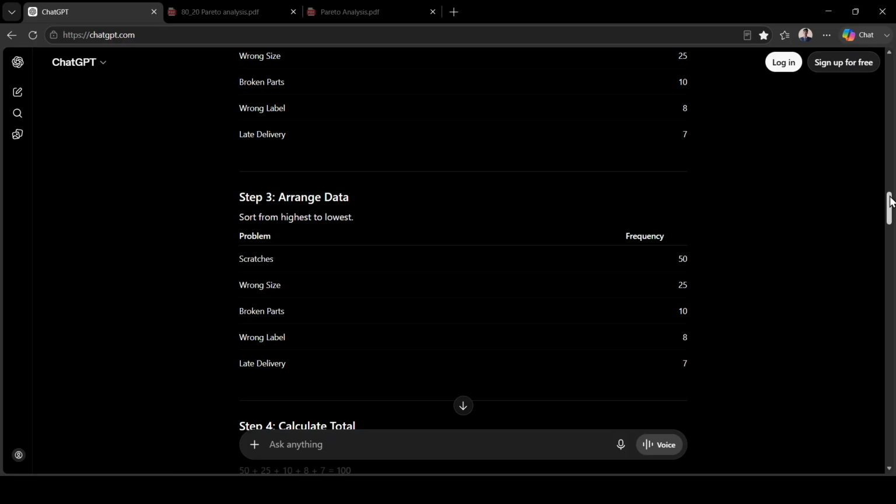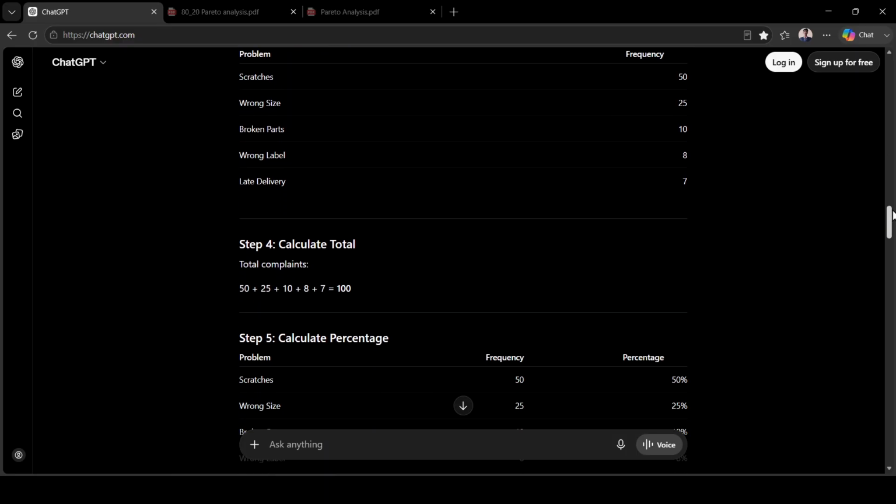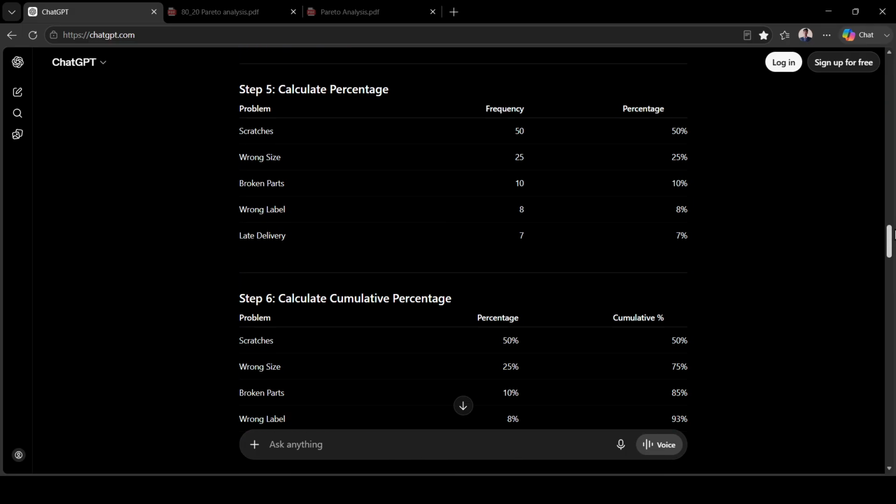Step four, calculate the total: 50 plus 25 plus 10 plus 8 plus 7, total 100. Step five, calculate the percentage. Scratches 50%, wrong size 25%, broken parts 10%, wrong label 8%, late delivery 7%.